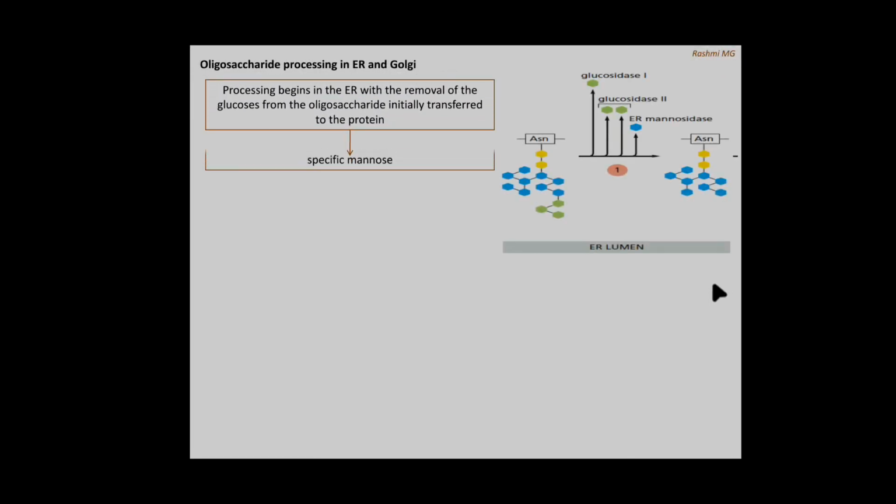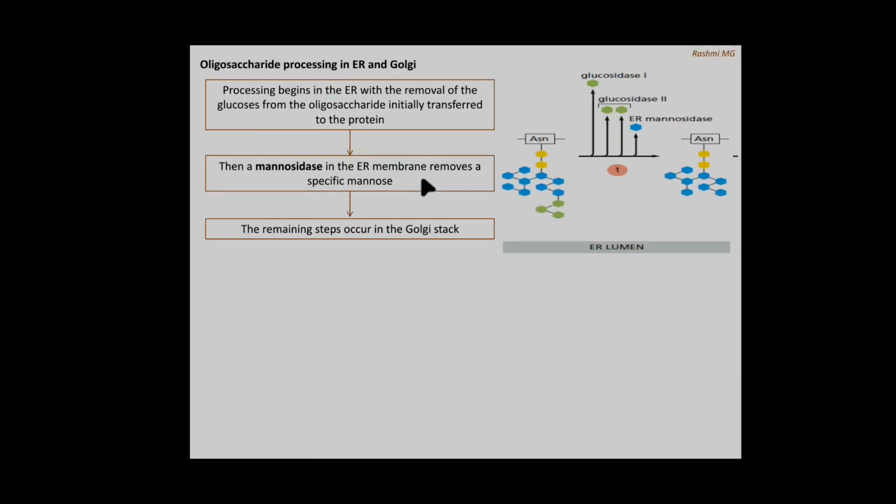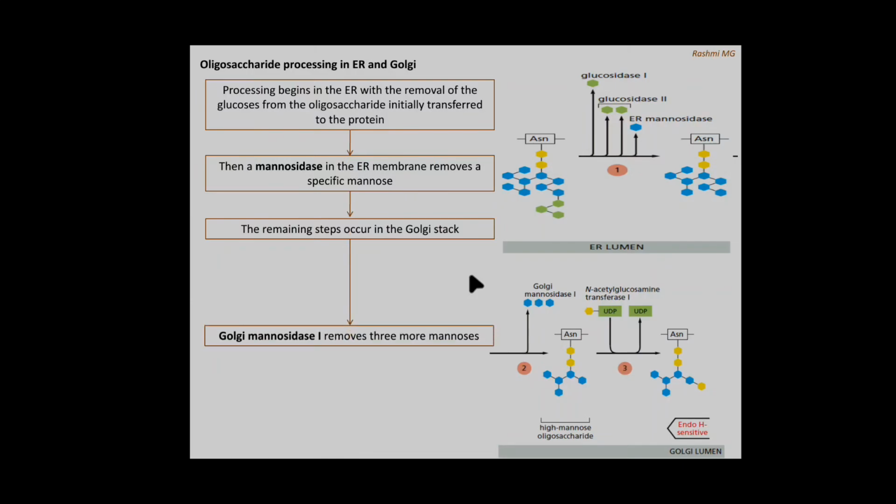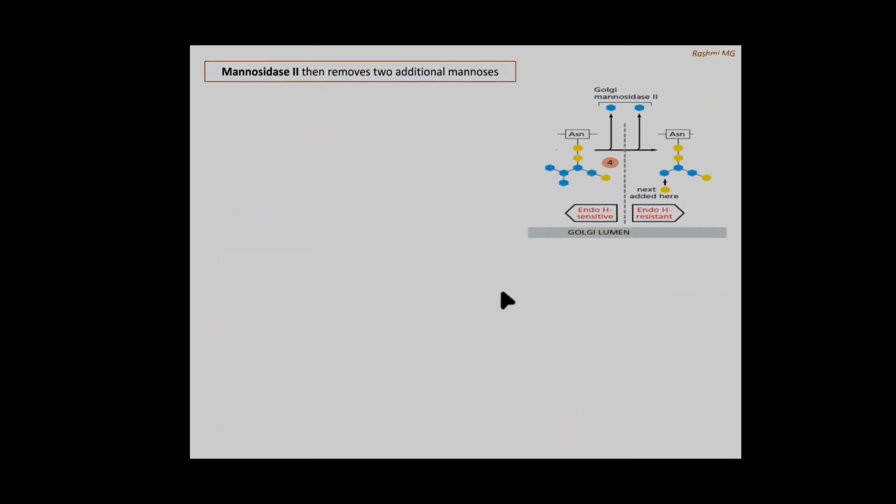So next, let us see. Processing begins, removes specific mannose, and the remaining steps occur in the Golgi stack. Then Golgi mannosidase removes 3 more mannose. N-acetyl glucosamine transferase 1 then adds N-acetyl glucosamine.